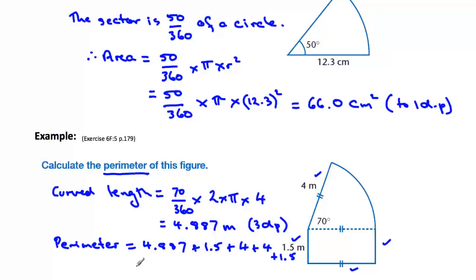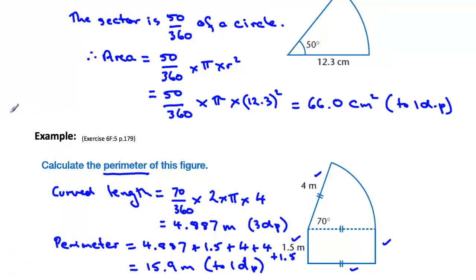And so giving all that together, we're now going to round this down to 1 decimal place. It should give us an answer of 15.9 metres, to 1 decimal place. You've just got to be careful that you include all of the necessary lengths when you work the composite perimeter out.